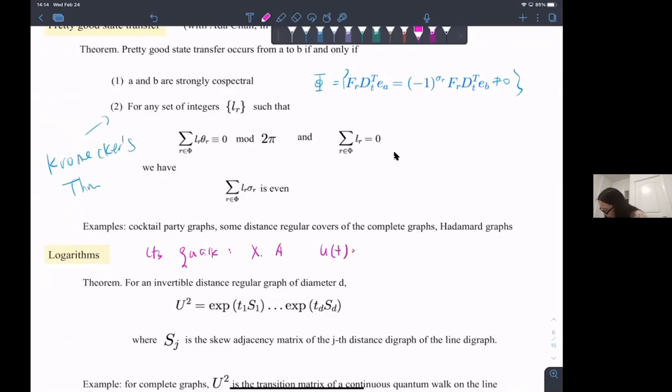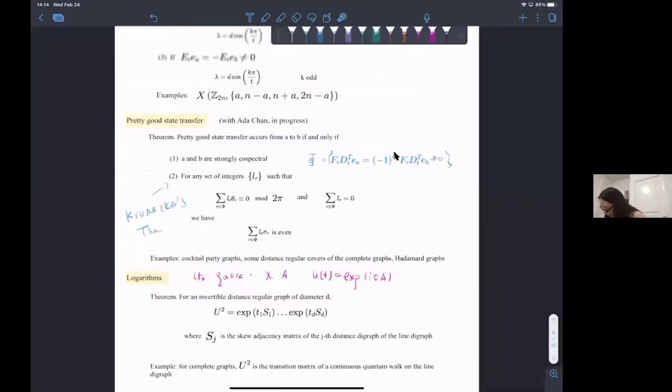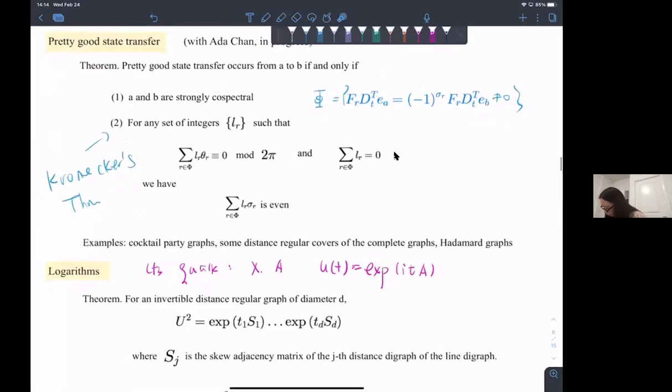It's just the exponential of i times t, which denotes the time, times the adjacency matrix. For any time t, you evaluate this matrix, and the squared modulus of the entries tells you the probability that the walker moves from one vertex to another vertex.